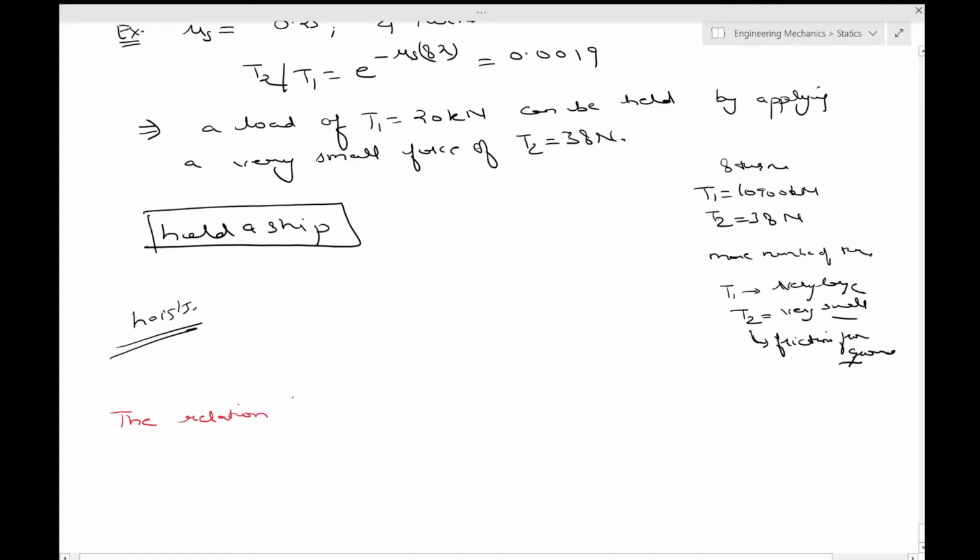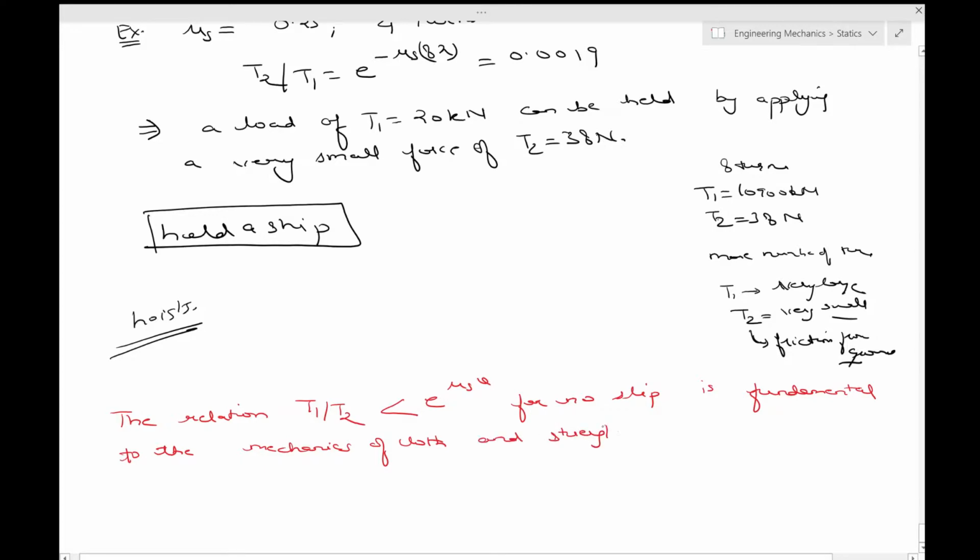The relation T1 by T2 smaller than e to the power of mu s theta, for no slip, is fundamental to the mechanics of cloth and strength of knots.